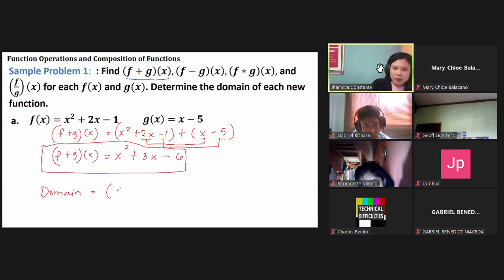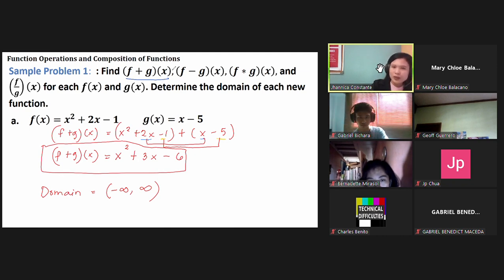So our domain is negative infinity to positive infinity, meaning all real numbers can be a value of our domain if we don't have a denominator below the function that we have. So that is the sum of our function, x squared plus 3x minus 6. We're done with the sum, or the addition operation.